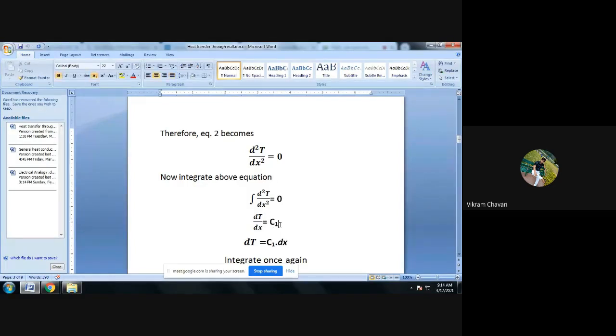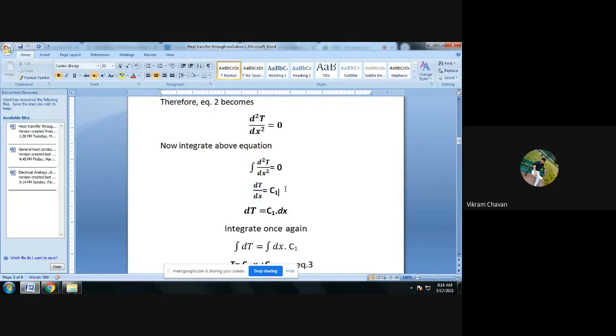C1 is one constant. Then we split up dT/dx, transferred dx to the other side, and kept dT on the left side only. So dT = C1 dx, which will be useful to integrate once again.